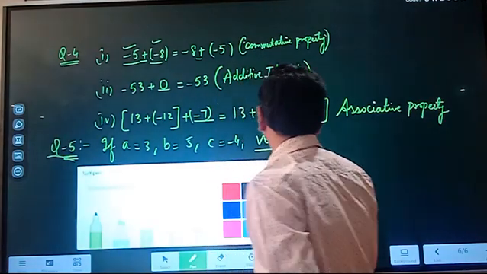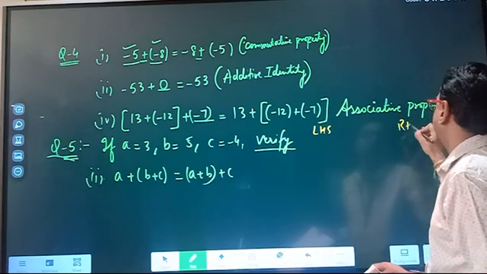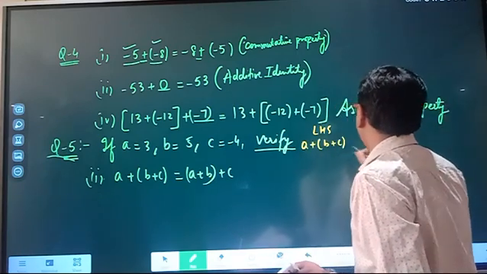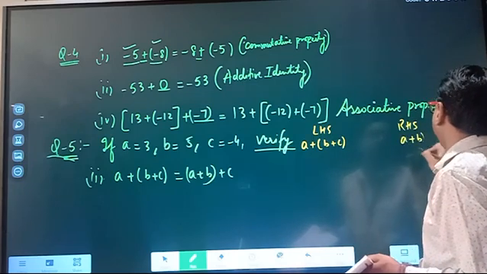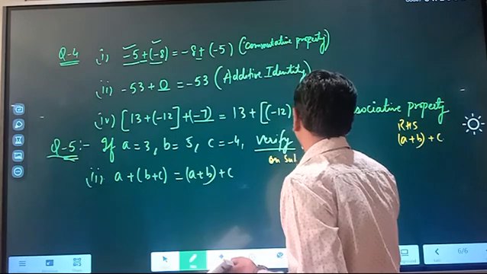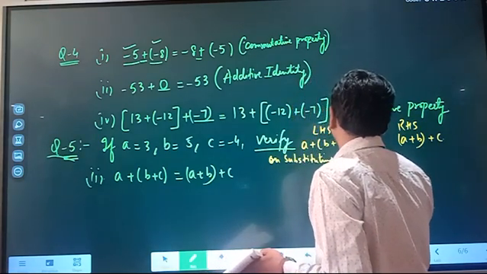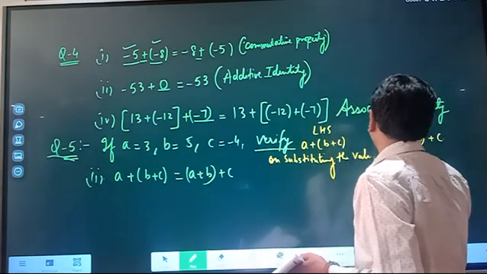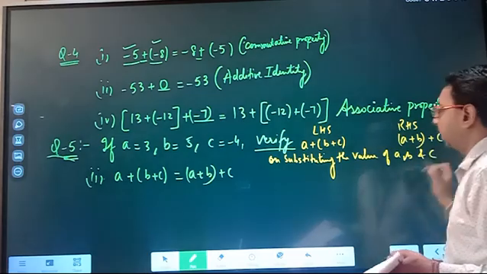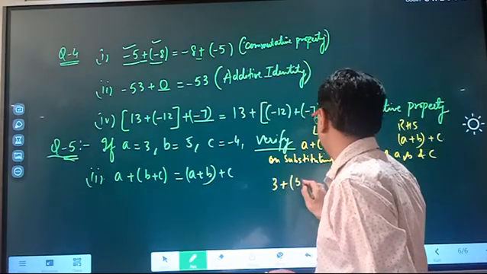First of all, properly you'll be writing LHS and RHS in case of verification. LHS is A plus (B plus C), and RHS is (A plus B) plus C. Now next line you'll be writing on substituting. I told you in the previous class also, previous exercise, on substituting the values of A, B and C. Now A is equal to 3, 3 plus (5 plus -4).